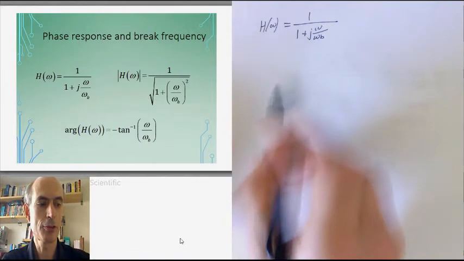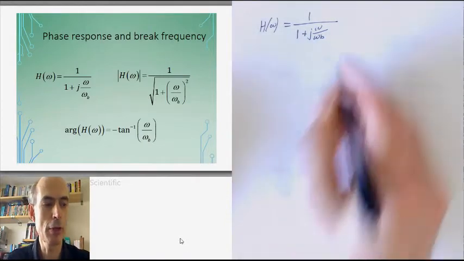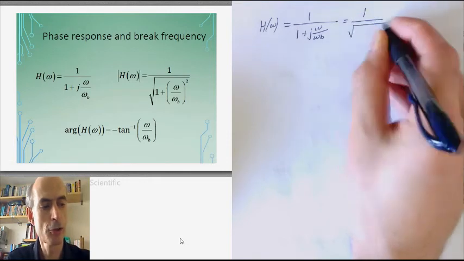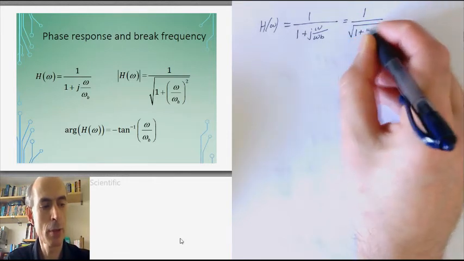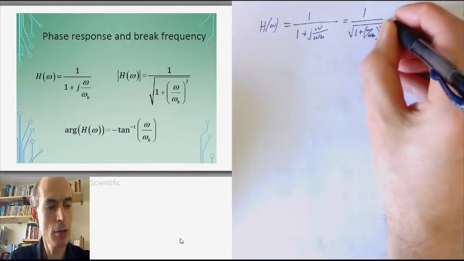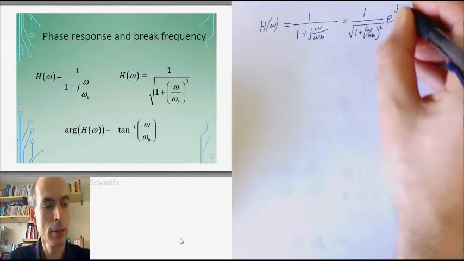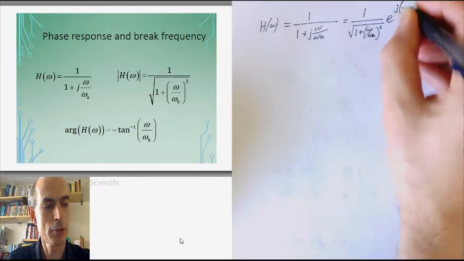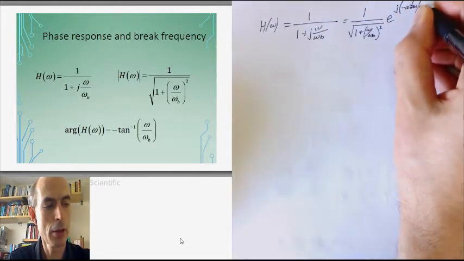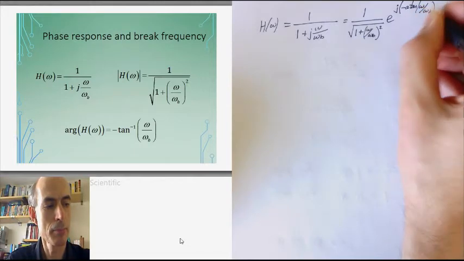And if I write this in terms of the amplitude response and the phase response, I would get 1 over the square root of 1 plus (omega over omega b) squared, times e to the power of j times minus the arctangent of omega over omega b.